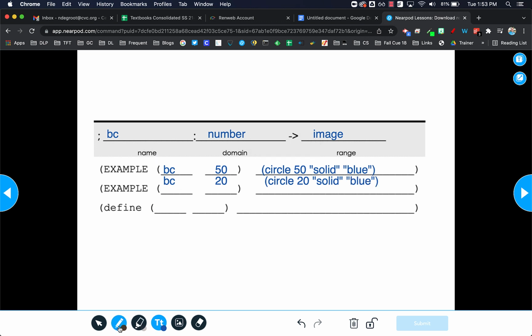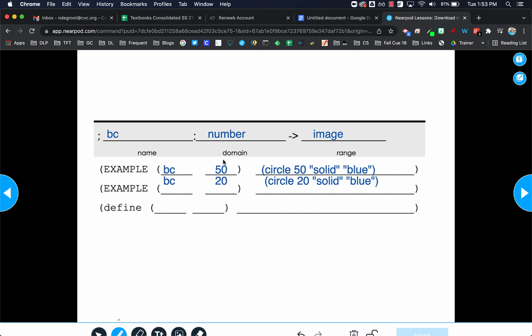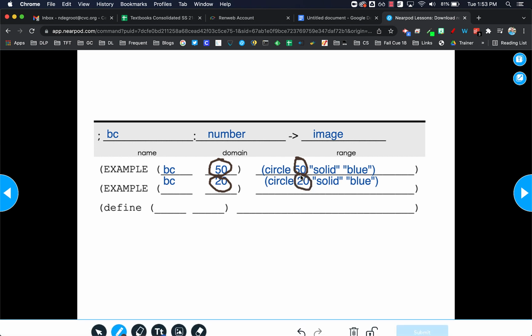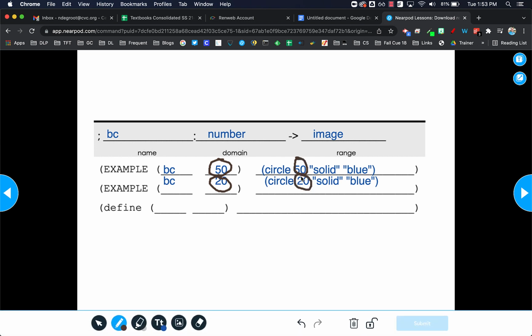And as we looked at this, we were able to circle that these numbers right here that we put in, they correspond with this number right here. So we know what place the number is in our function right here, in our circle function. And we know that's the thing that we have to rename. We have to give that a variable name.